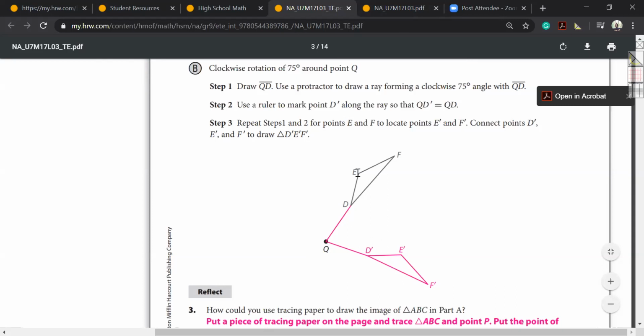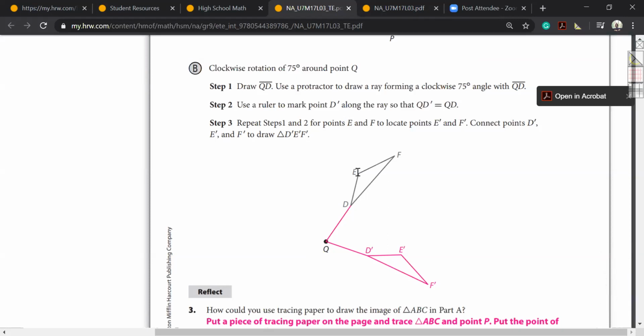Do the same thing for E. What do I mean by the same thing? Again, step 1, draw a line between E and Q. Put the protractor on the side in which the center is on Q, and the line of the protractor is on EQ. Then start by measuring 75 degrees. You will find the 75 degree line is somewhere in here.